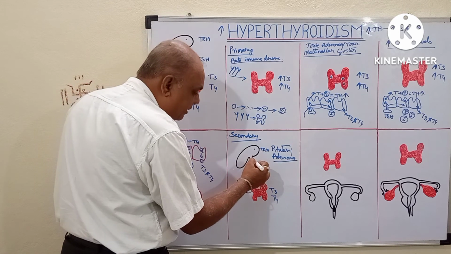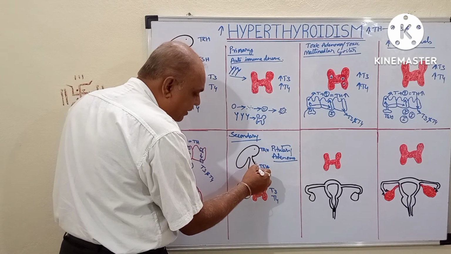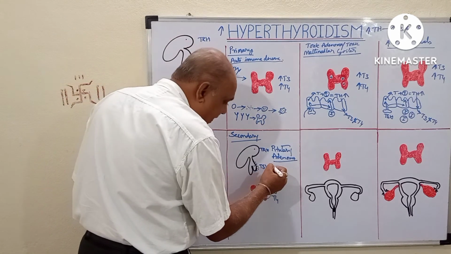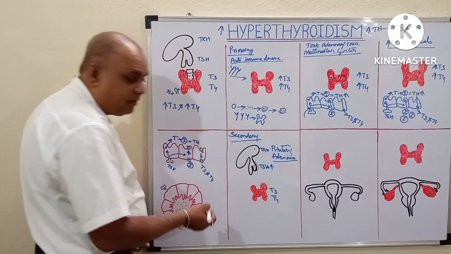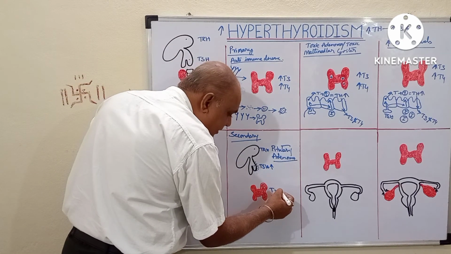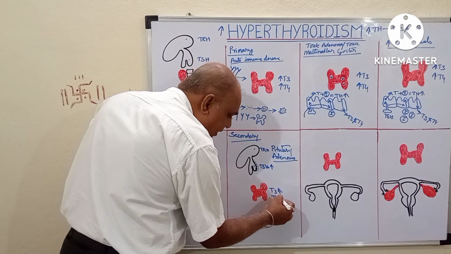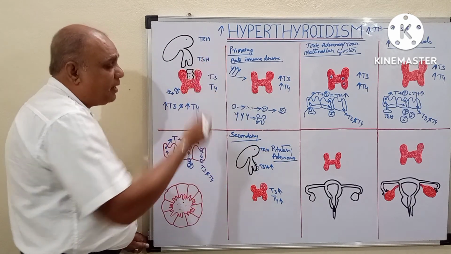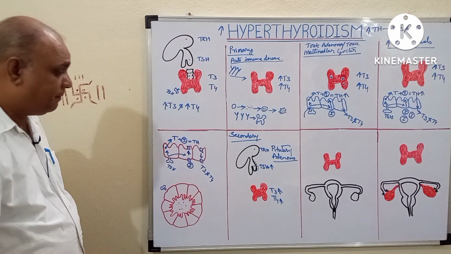Due to any reason where the pituitary gland has an adenoma, which increases the secretion of thyroid stimulating hormone, which causes T3 and T4 levels to rise, it can lead to hyperthyroidism.